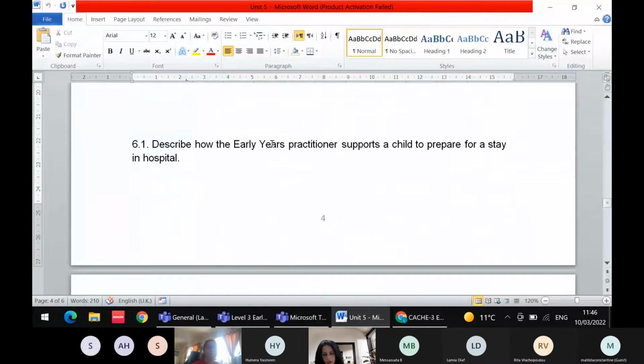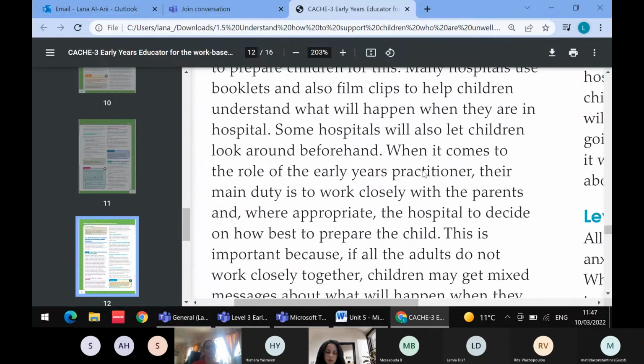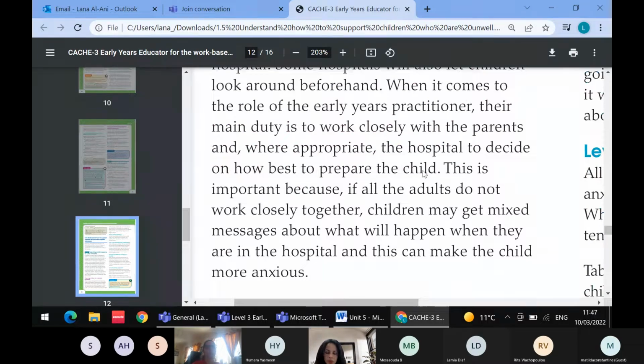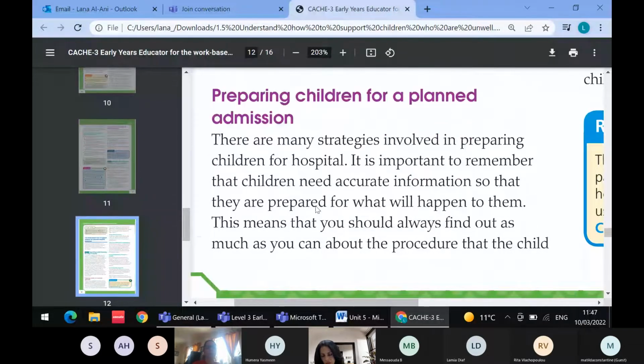So, describe how the early years practitioner supports a child preparing to stay in the hospital. Now we've spoken about how we prepare him to get into the hospital. Now, if we want to prepare him for the admission, going into the hospital. There are many stages involved in preparing the child for the hospital.